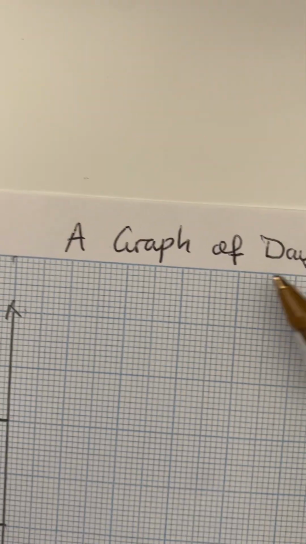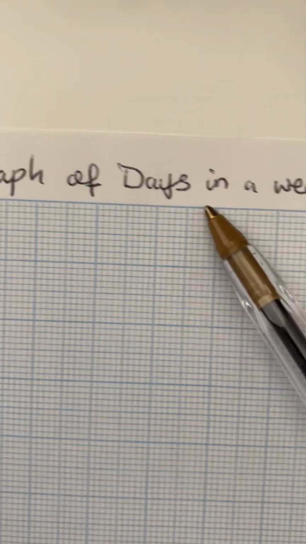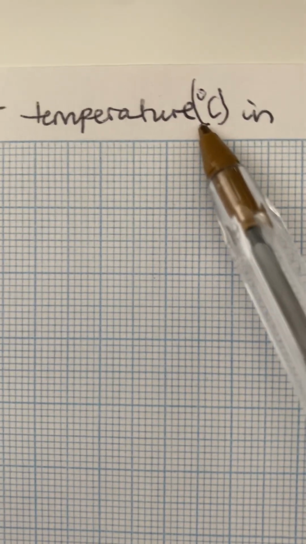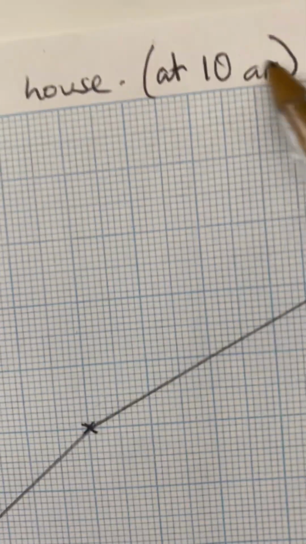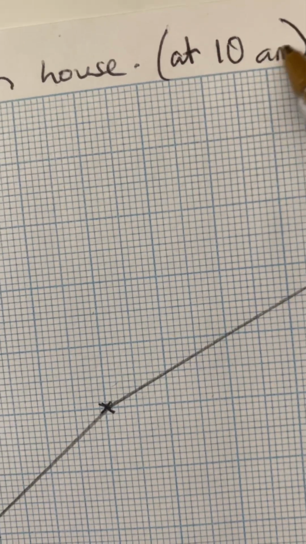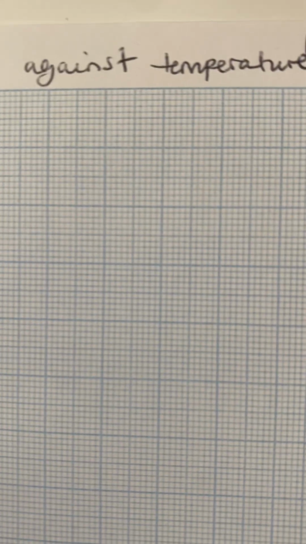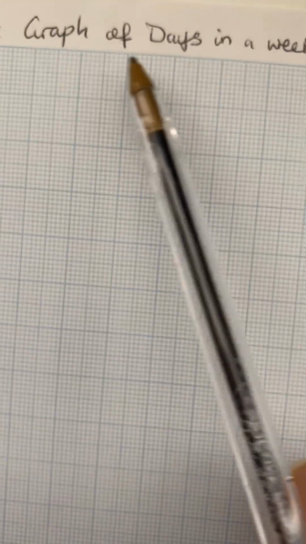So I can write a graph of days in a week against temperature in a greenhouse, and then I added in brackets at 10 a.m. You can always reword this. If you are writing in the graph space, please write your title in pencil.